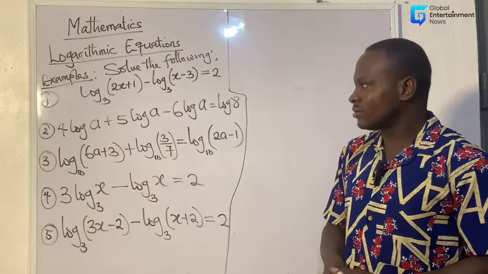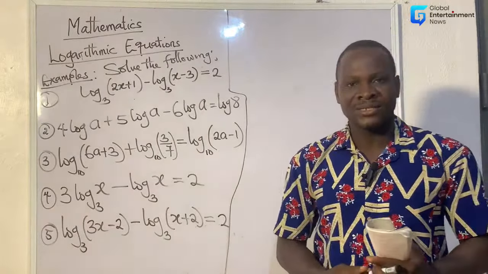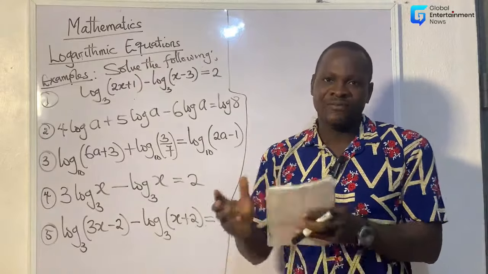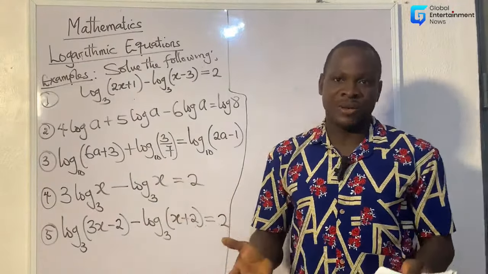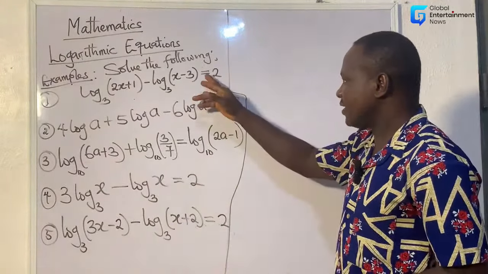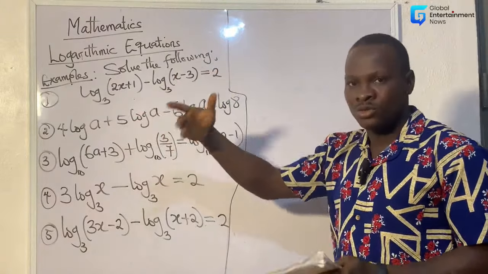When we talk about logarithmic equations, that means logarithms that involve equations. And you know what I mean by equations? Once we have an equal sign in between two terms.